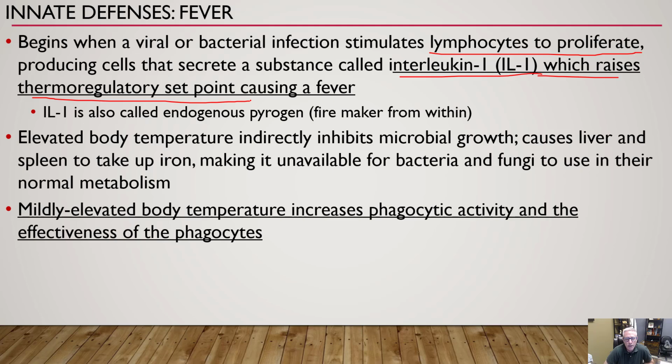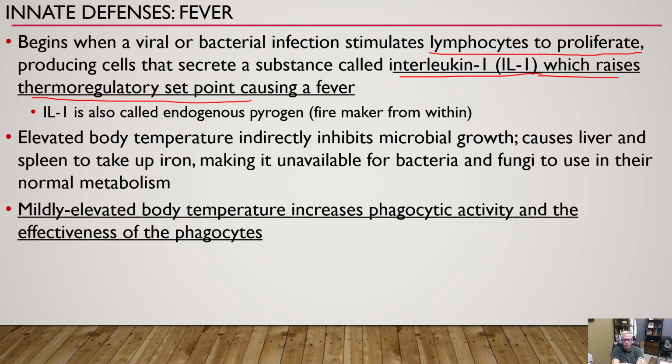And this elevated body temperature indirectly inhibits microbial growth. So what happens is bacteria and fungi like to use iron for their replication process. And we know that iron is in heme. Remember hemoglobin, which transports oxygen.